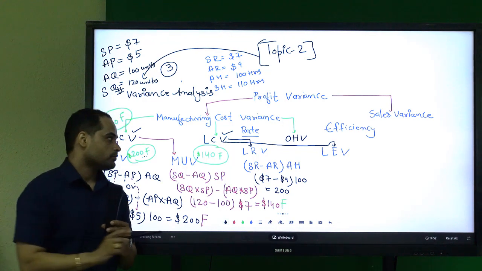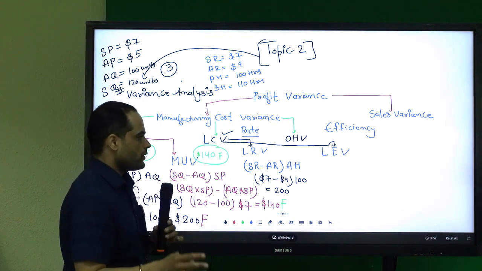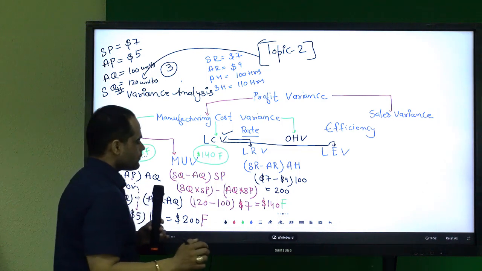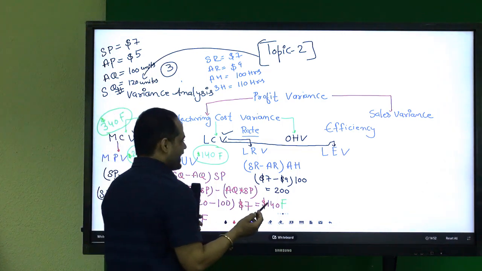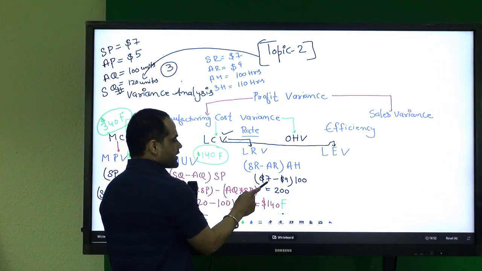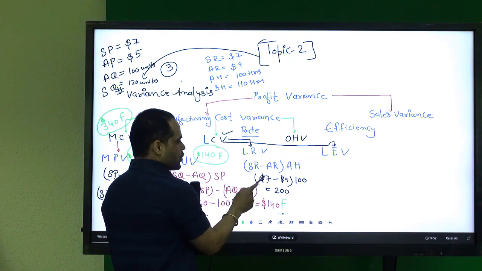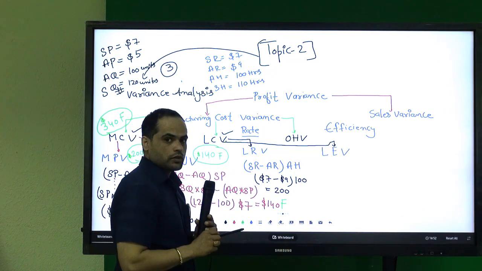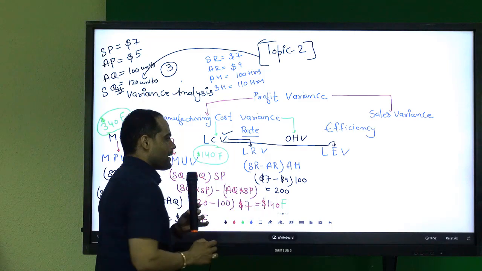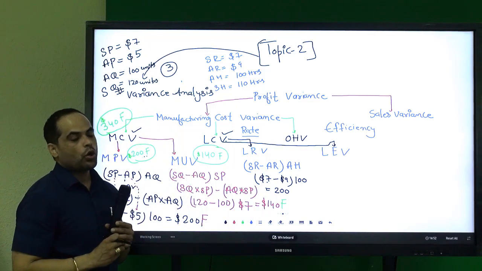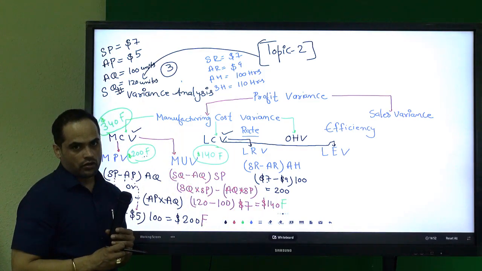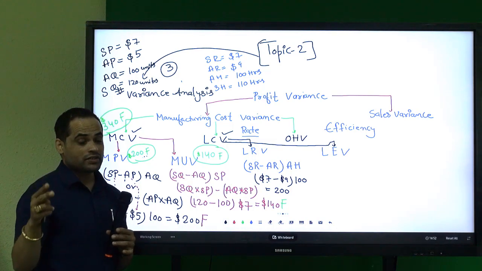Let's understand whether it's favorable or unfavorable. I was planning that I will pay $7 per hour to my worker, but actually I am paying $9 per hour to my worker. So it means I am paying $2 more per hour.